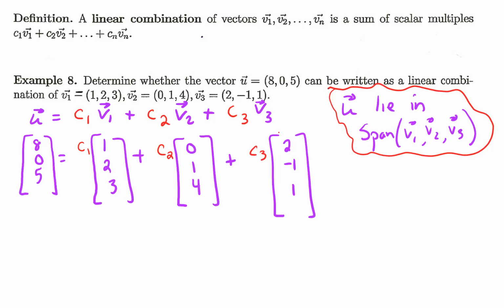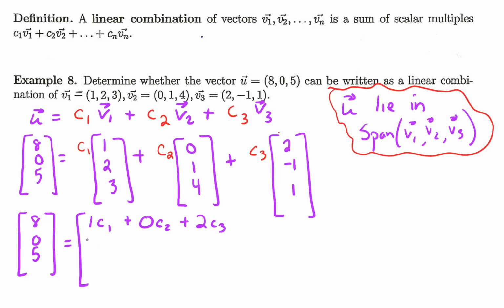After doing some scalar multiplication and adding up our vectors, what we really get is 8, 0, 5 on the left, and on the right-hand side, in the top row 1c1 plus 0c2 plus 2c3, in the second row 2c1 plus 1c2 plus a negative 1c3, and in the third row 3c1 plus 4c2 plus 1c3.